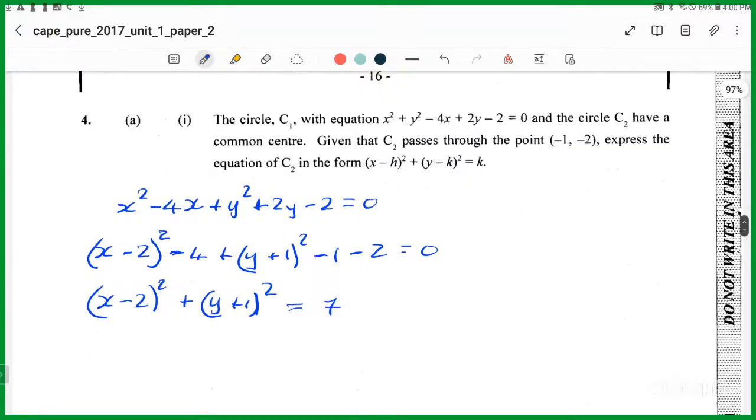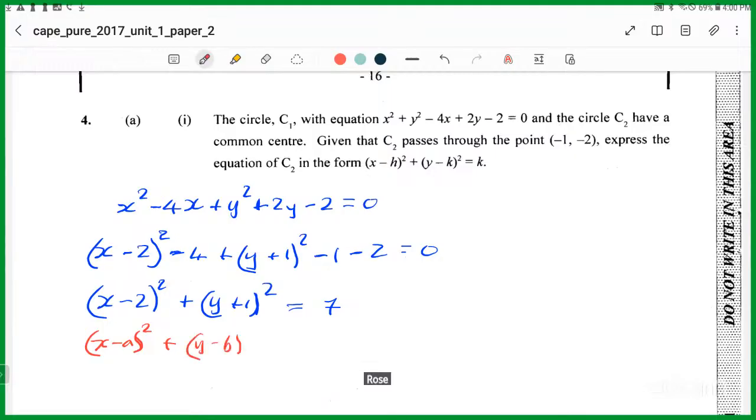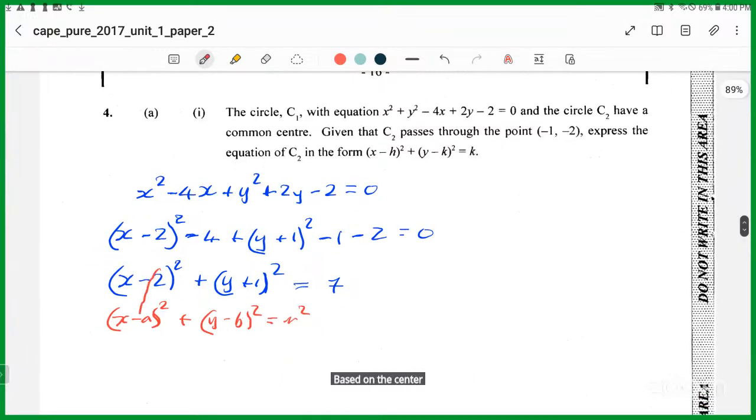So the center on this, remember now we're looking for x minus a squared plus y minus b squared equals the radius squared. So based on that, the a corresponds to 2 and the negative b corresponds to positive 1, so the b corresponds to negative 1.